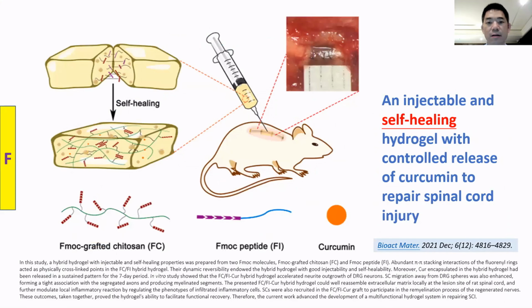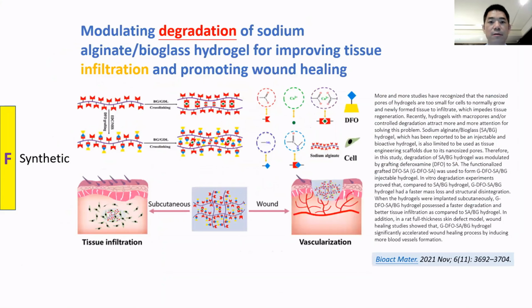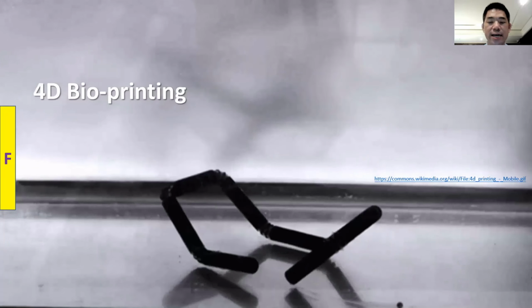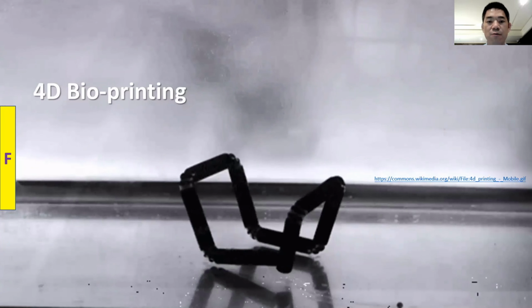They can heal by themselves even if you break the hydrogel. And they can even degrade into a size that allows new cells and new tissue to infiltrate into the injectable scaffold. So that's no problem, as you can see here. After you inject, the scaffold will form whatever we want it to form.